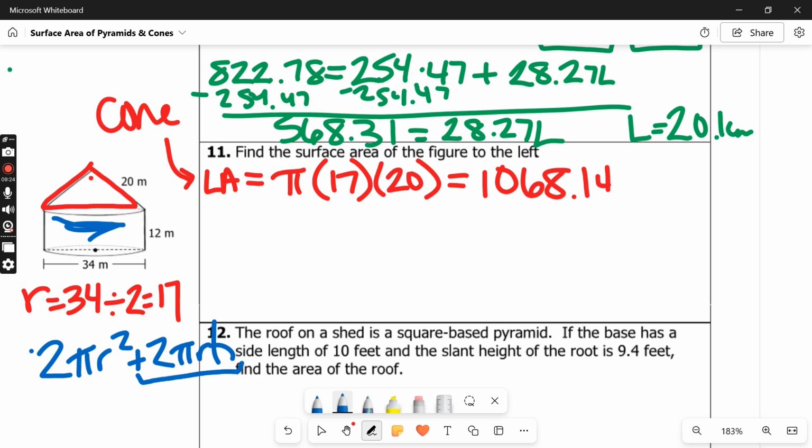This part right here is the lateral, which we do need, and this part is the two bases. That's why there's a 2 out front, because there's one for each base.